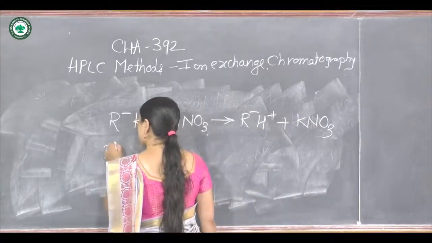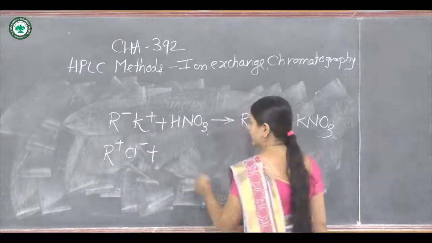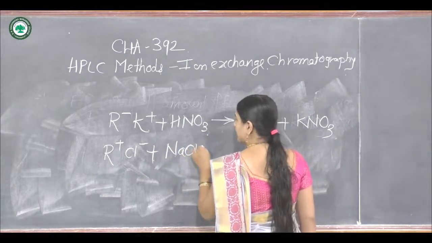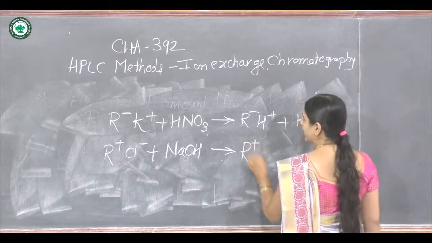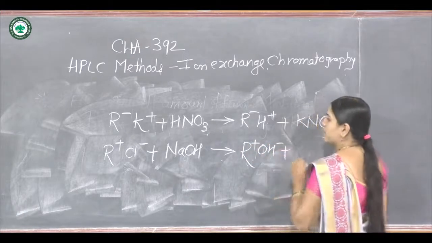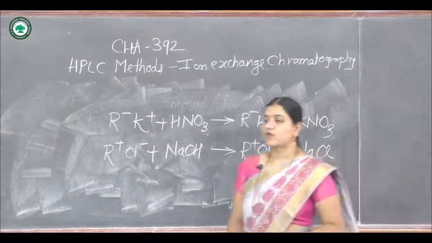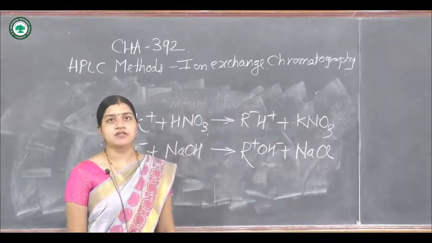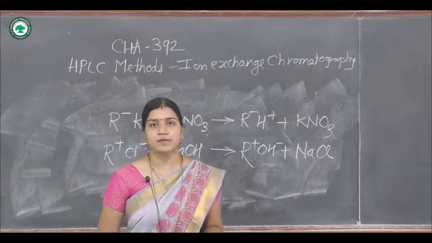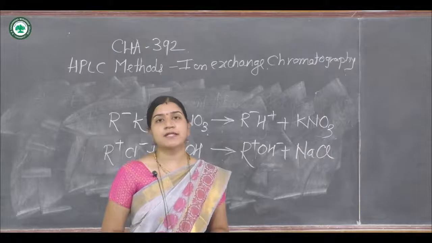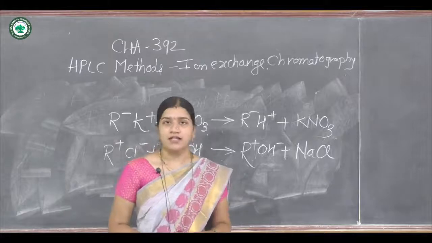The next reaction is R plus Cl minus with NaOH, which gives R plus OH minus plus NaCl. So these are the reactions where, instead of using counter ions, you prefer the H plus ion in the case of the cation exchanger and the OH minus ion in the case of the anion exchanger.